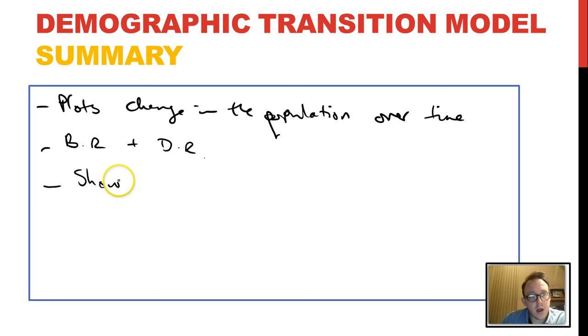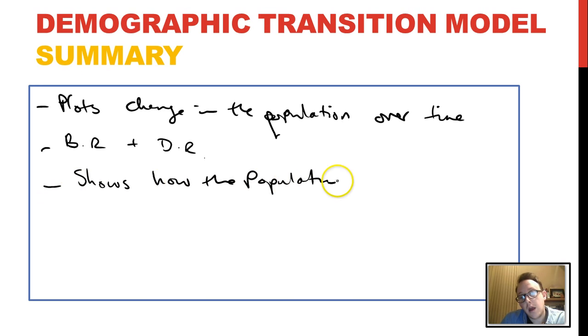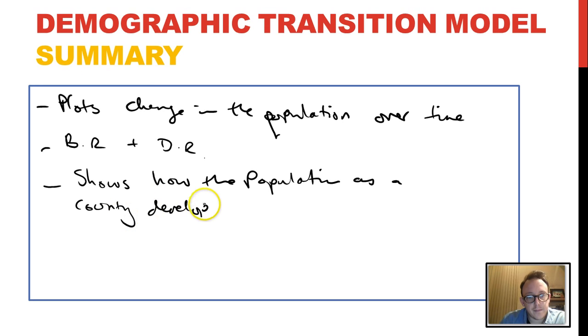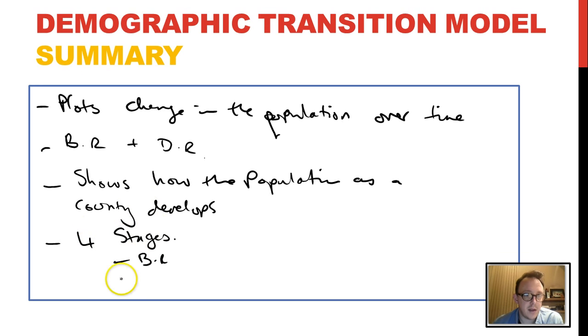It shows population changes as a country develops as well. Okay, 5 stages to it. We've got birth rates, death rates, total population, natural increase, and in stage 5, natural decrease.